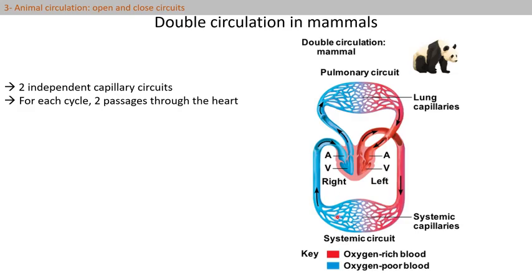For instance, if we start here, from the tissues, you go back to the heart with the blood poor in oxygen. The heart sends that to the pulmonary circuit. In the lung, the blood is loaded with oxygen, and now the left heart pushes that in the systemic compartment.